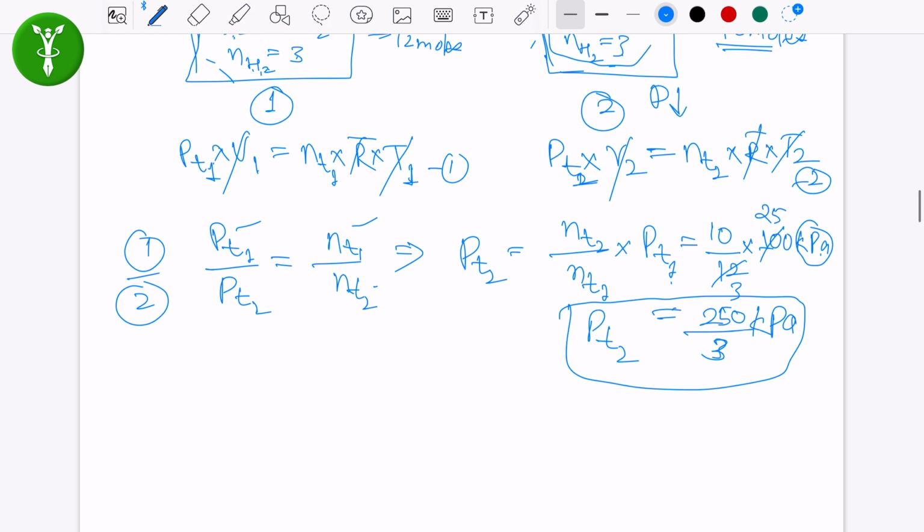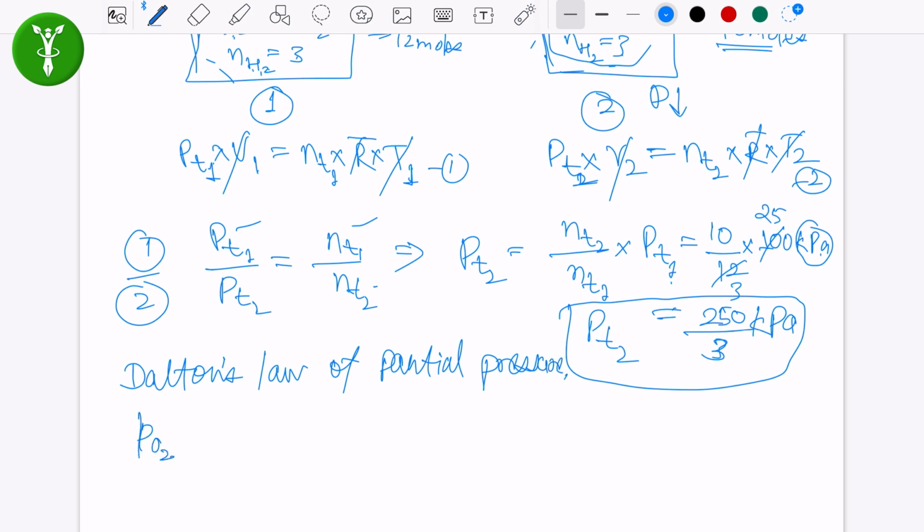Using Dalton's law of partial pressure, the partial pressure of O2 at the final stage is the mole fraction of oxygen in the final stage times the total pressure at stage 2.